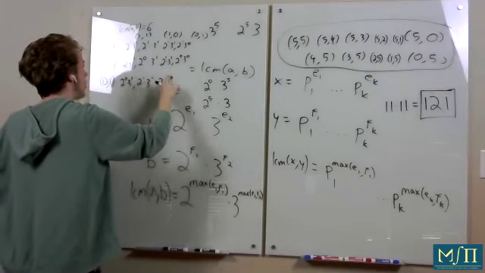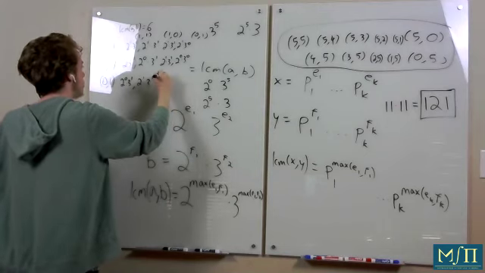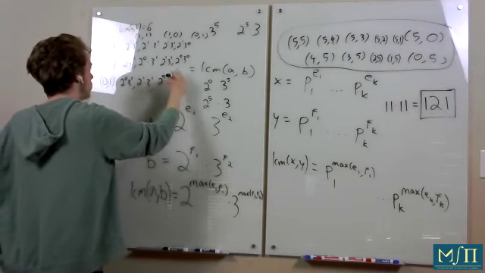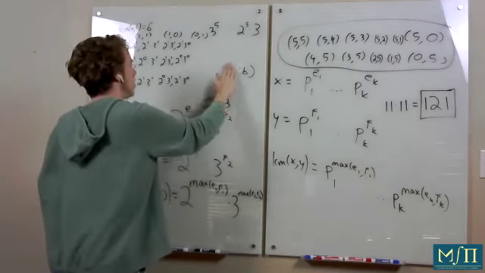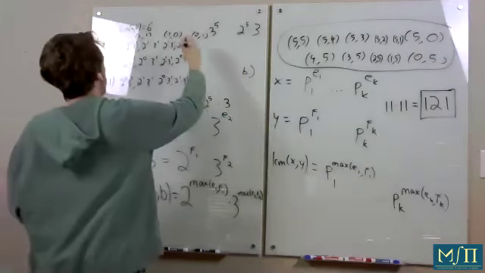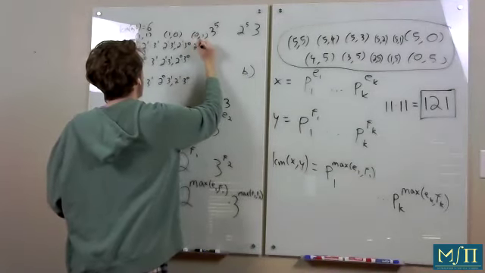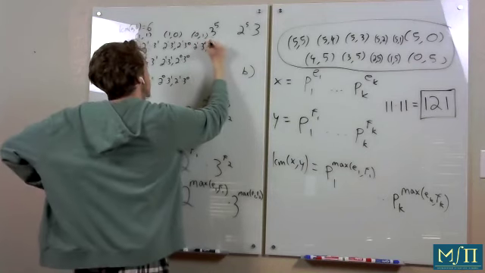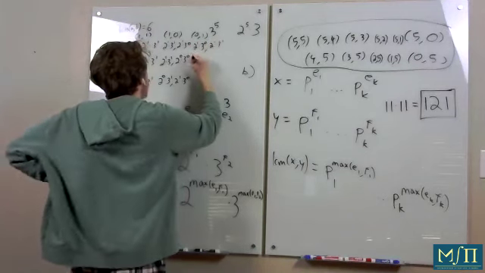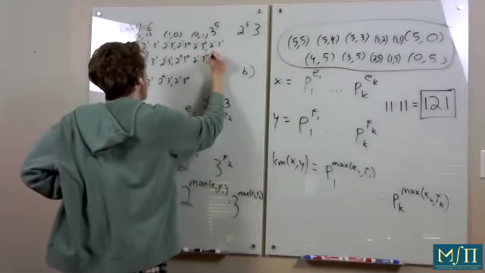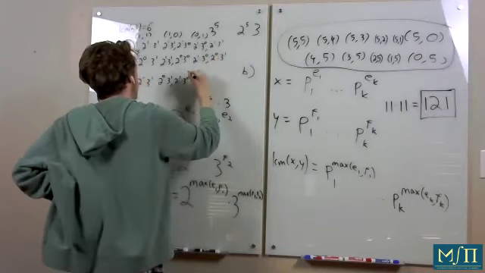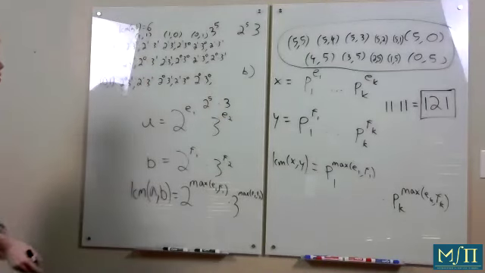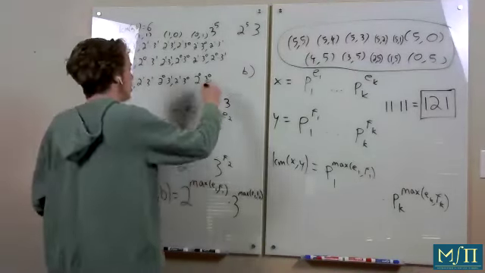Or no, sorry, 3 and 2. Or you could write 2, 6, 2, 3, or 1, 6. Remembering that any positive integer raised to the power of 0 gives you 1.